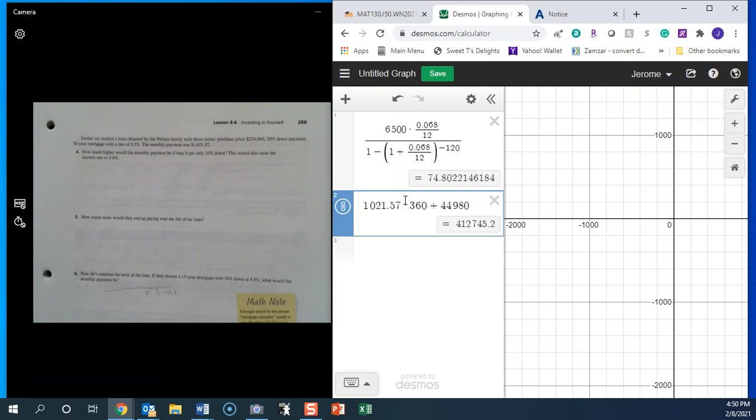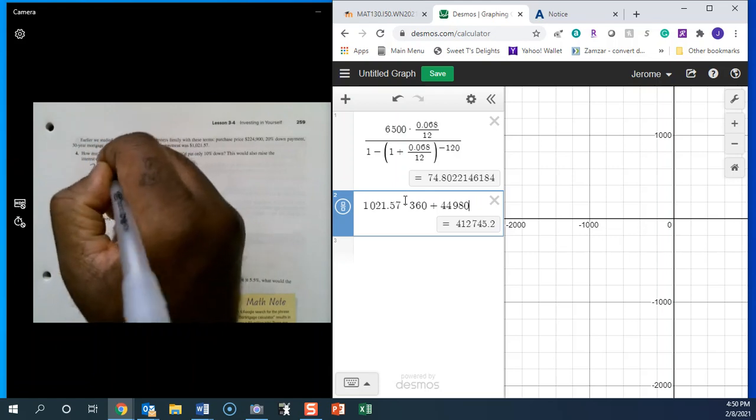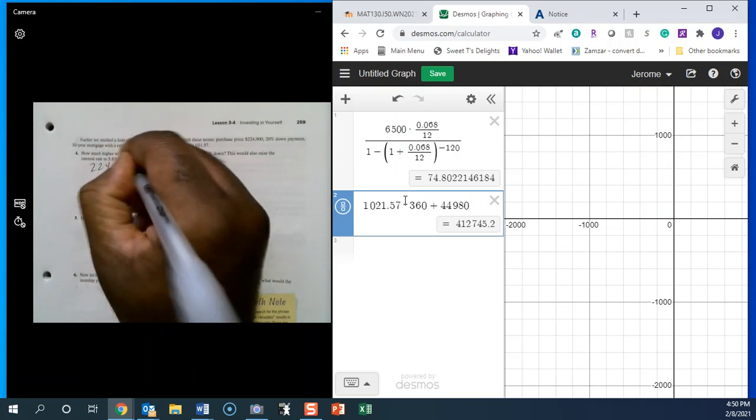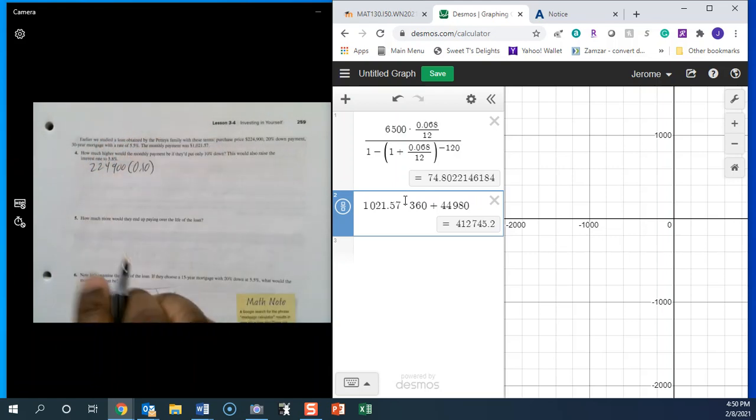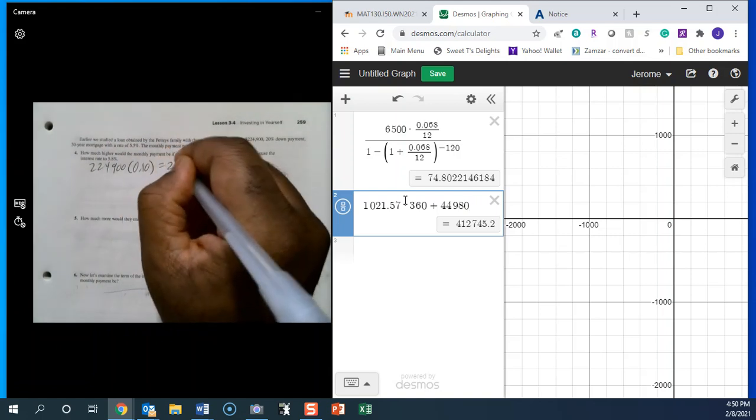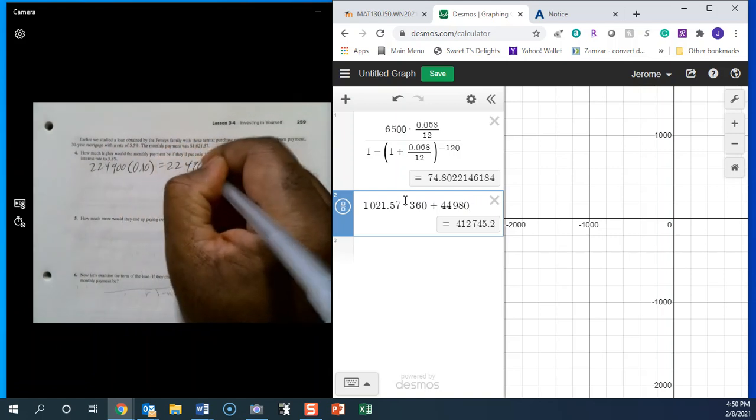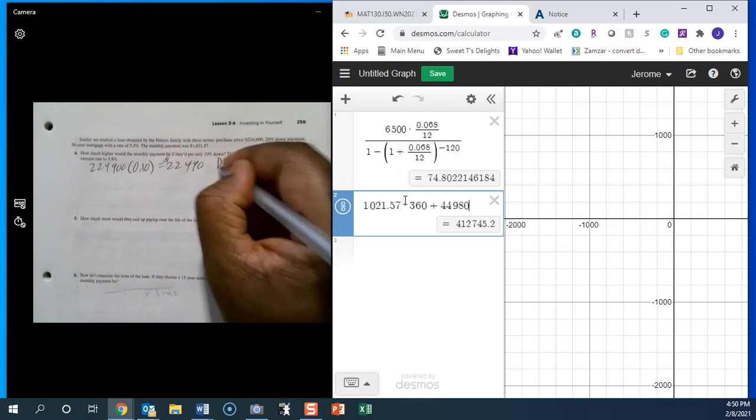The monthly payment was $1,021.57. How much higher would the monthly payment be if they put only 10% down? Okay, so we had 224,900. We have to multiply that by 0.10. So $22,490 would be the down payment.